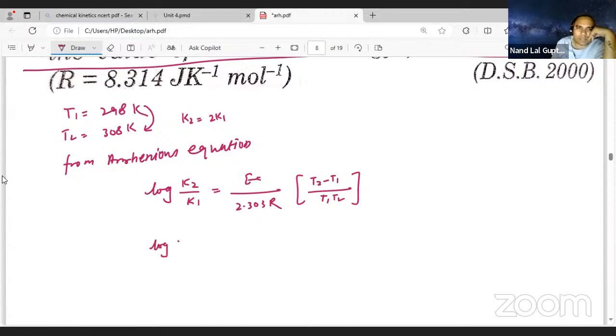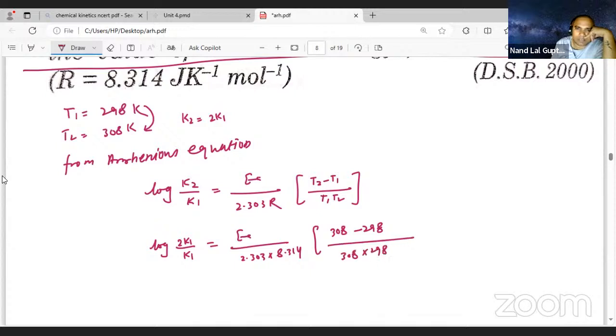Here the log of 2K1 upon K1 is equal to activation energy upon 2.303, R value 8.314, times the T2 value, 308 minus 298, divided by 308 multiplied by 298.